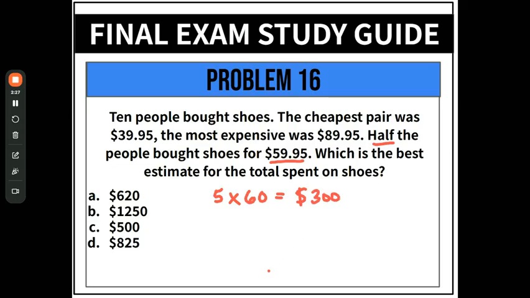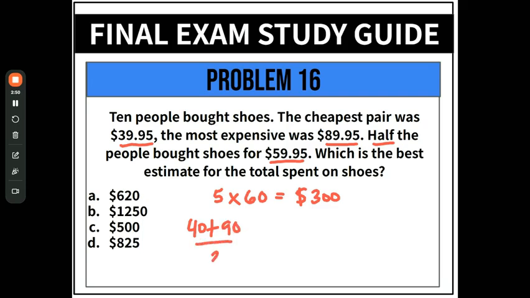Now, we need to figure out about how much the other people spent. And the question gives us the most expensive pair and the least expensive. So let's take the average of the two. So about $40 was the least, and about $90 was the most.